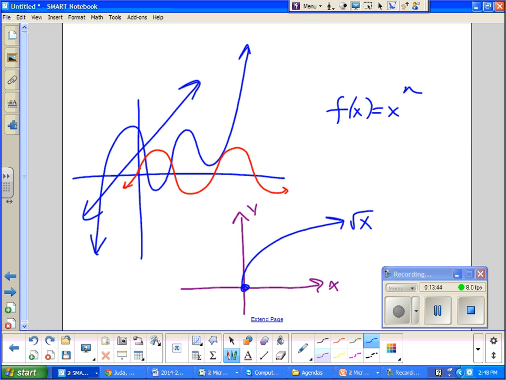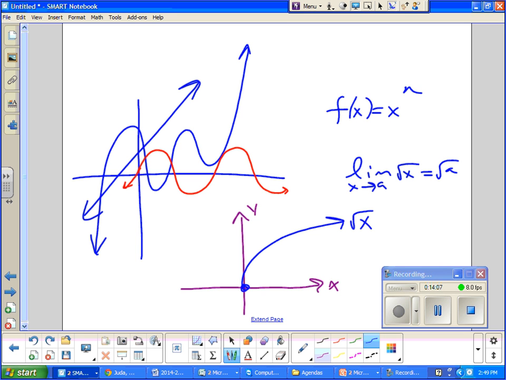In their domain, they're continuous everywhere, right? Once you define the domain, if you want to take the limit as x approaches a of the square root of x, it's simply the square root of a, as long as you're in the domain. Again, continuous functions, the limit and the value of the function are the same.